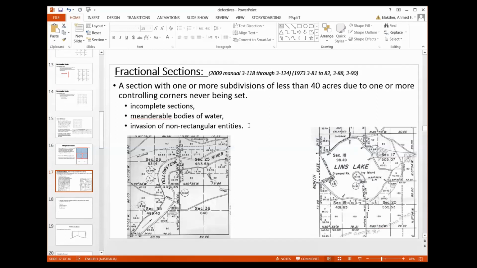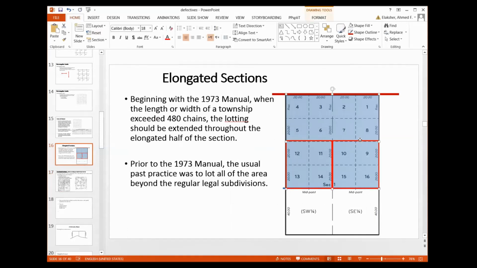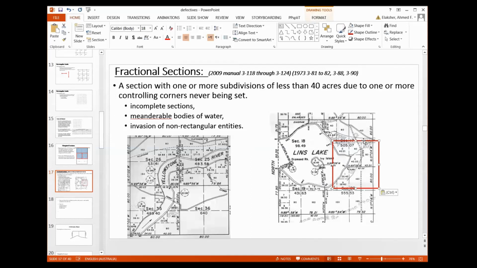Fractional sections. We've talked about fractional sections before. I'm here showing 2 sketches for 2 different fractional sections. We see here, this is section 17. If I get this box here and move it, that doesn't have to do anything with that, so no confusion here. I'm just getting the box.